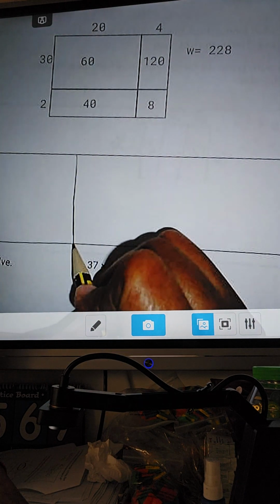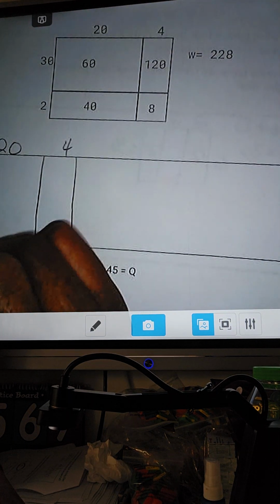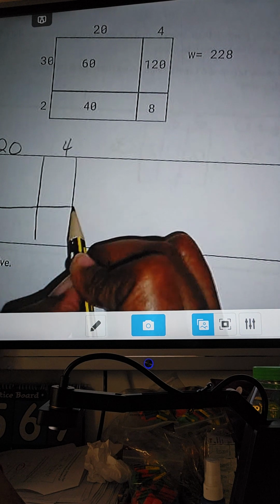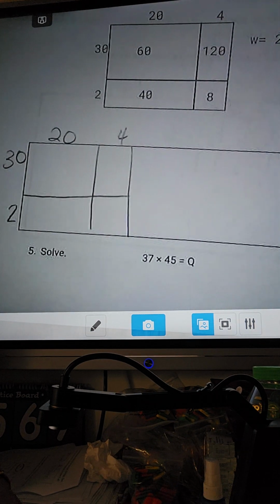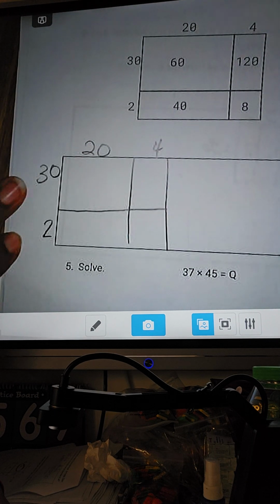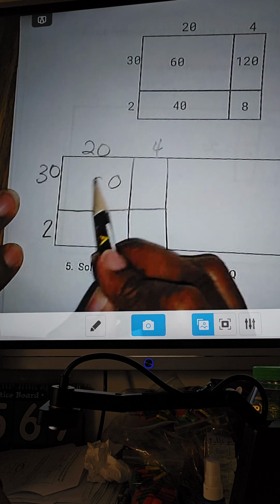Okay, so we have 20 plus 4 times 30 plus 2. Trying to keep it on camera, but I'm really struggling with that. All right, 30 times 20, 2 zeros, 600.